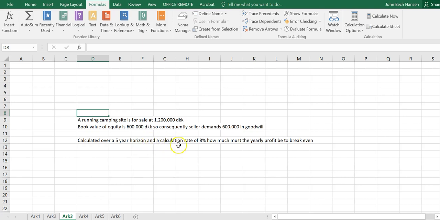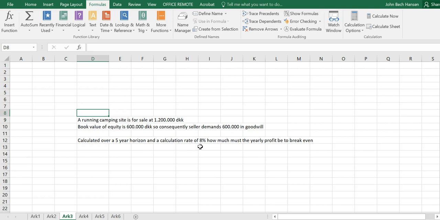And we will use a calculation rate of 8%. Now, as you know, the calculation rate is the discounting factor that we choose. It could be 10, it could be 12, it could be 6, but we choose 8 due to perhaps the fact that we can borrow money at that rate, and we would like to see what is the break even.